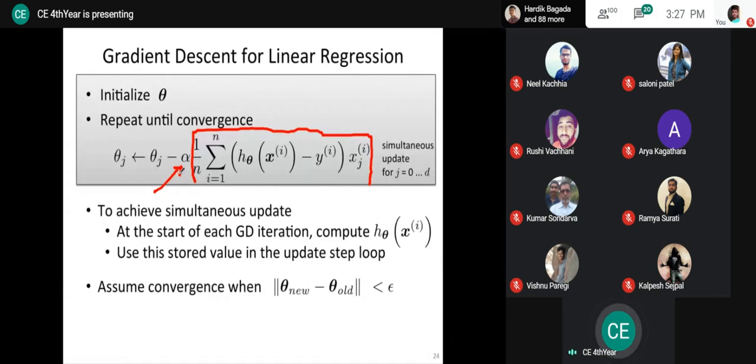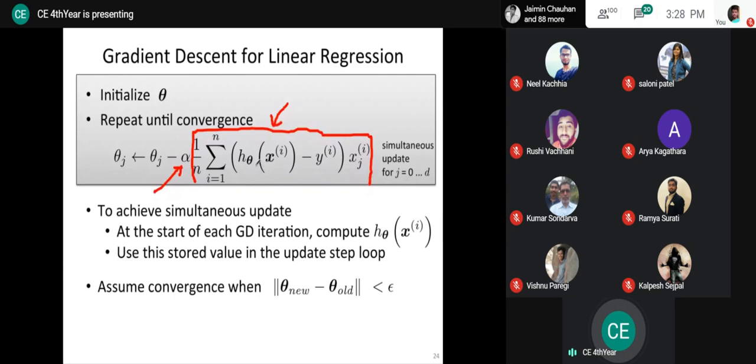And I hope from the previous graph calculation, you are clear that even if I keep alpha constant, we can still reach convergence. Because this gradient will help you in that scenario. It will control whether I should increase the theta or decrease the theta value, right?